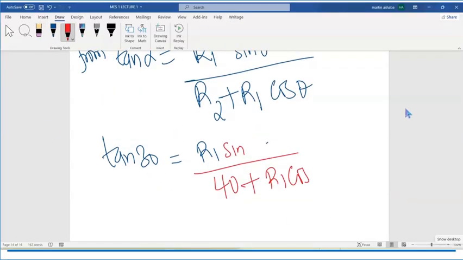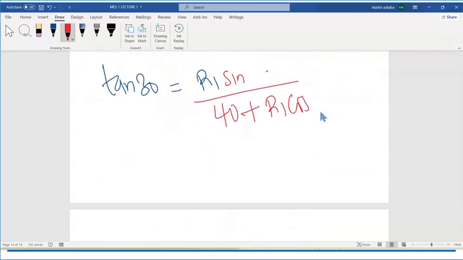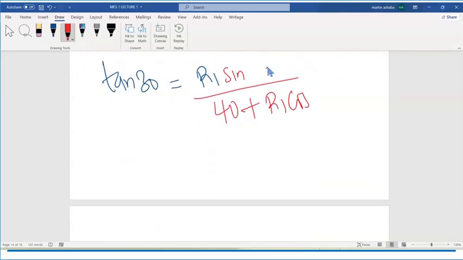Theta, we said it's 120, so we just substitute in here. So what is sine 120?